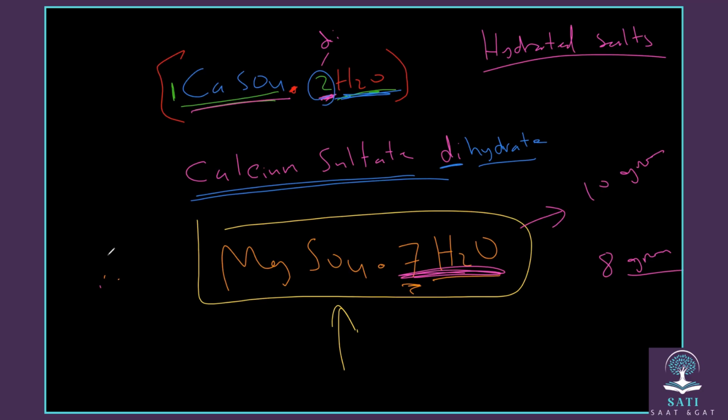In this case, you subtract the hydrated salt, which is the salt with water, minus the anhydrous salt, which is the salt without water. In this case, you get the mass of water.